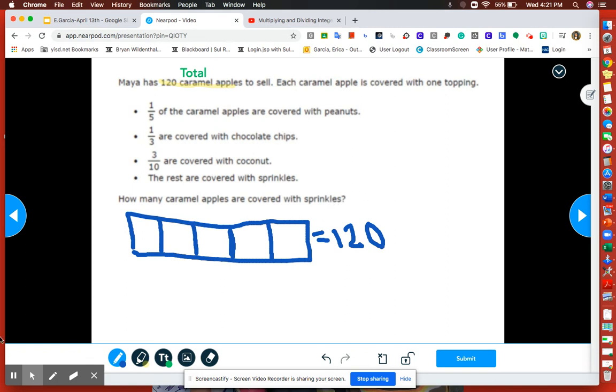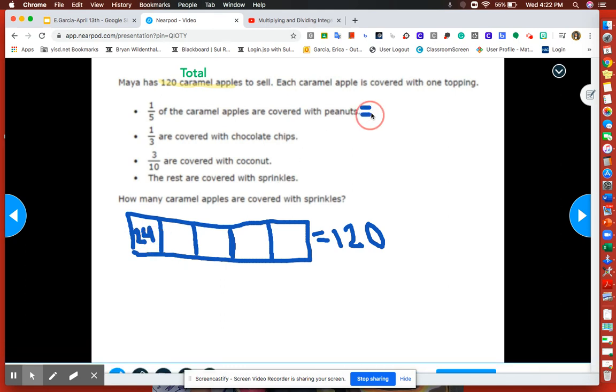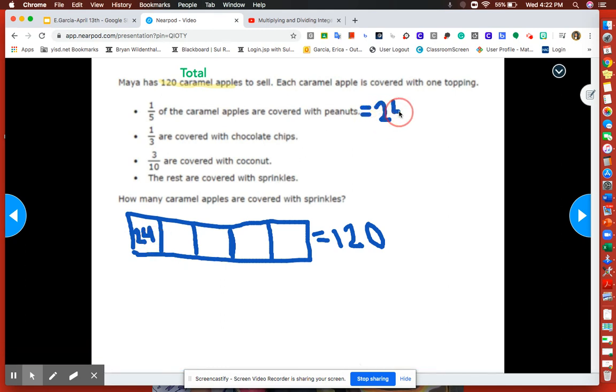In order to figure out how many each section is worth, for cutting, we're actually dividing. So 120 divided by 5 gives me 24. Each section is 24 apples, and we only need 1. So we're going to remember that this is 24, and you can put it up here, 24.